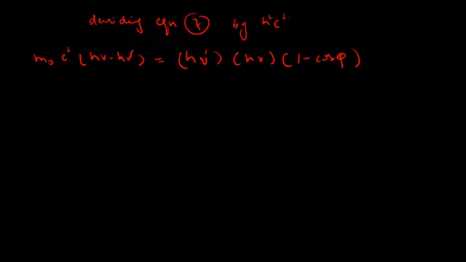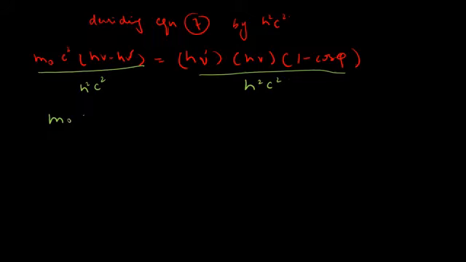So when we divide it by h square c square, we can write it like m naught c dot c. Instead of c square, we can write c into c divided by h into h.